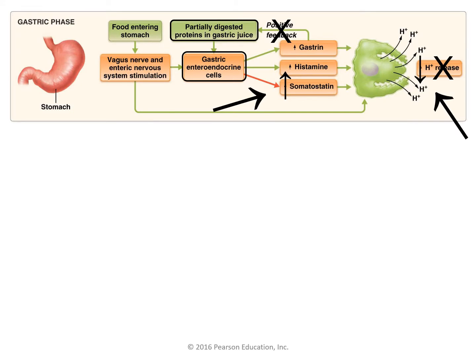Okay, so at low pH, that will stop the positive feedback mechanism. The gastric enteroendocrine cells will increase somatostatin, and the result will decrease hydrogen ion secretion. Okay, so I've included this arrow here to change the figure, because the textbook doesn't really show it that well.